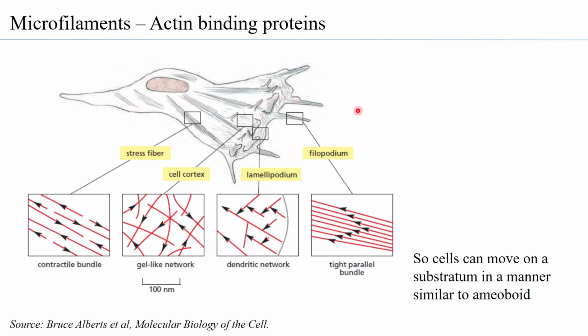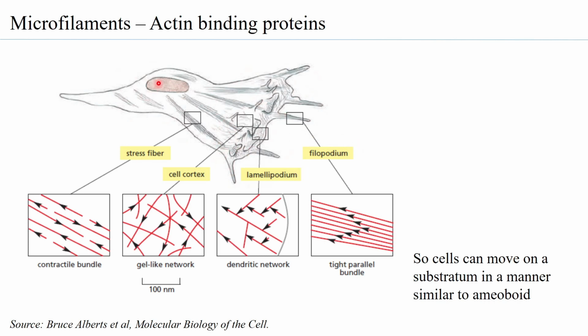So where it is extending on this side, at this side it is retracting. So you have one retracting end and the other end which is extending. You can see how the cell from this position will move further to this position. So you can see how the cell is crawling on a substratum, and it is basically because of the arrangements of the actin within the cell that allows it to move in this particular manner.